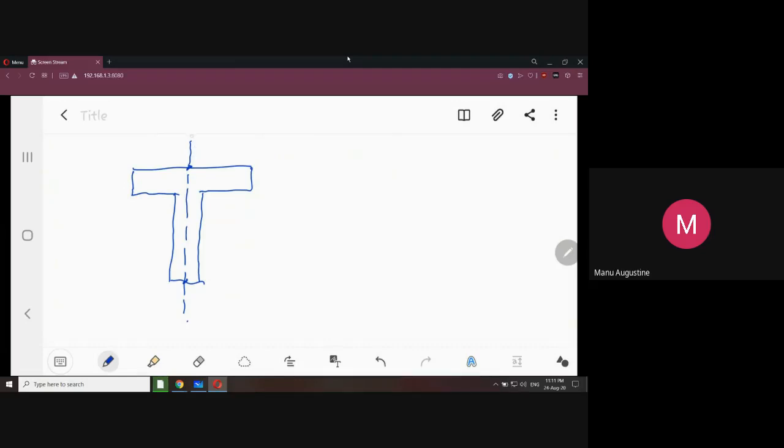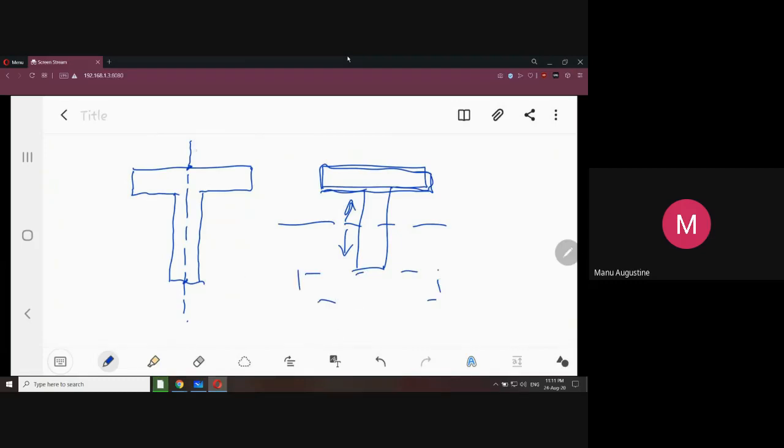Because about this axis, the left hand side and the right hand side are mirror images of each other. But for a T section, the x-axis can never be the axis of symmetry, because the upper part and the lower part will never form mirror images, because of the presence of this T part in the upper part and its absence in the lower part.